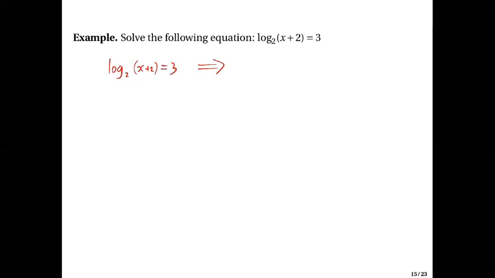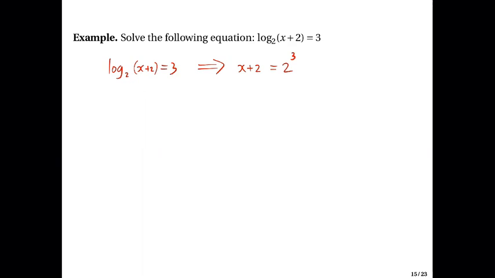This will give us x plus 2 equals 2 to the power 3. So the base of the log is 2, and the base of the exponent is also 2. The right-hand side becomes an exponent.